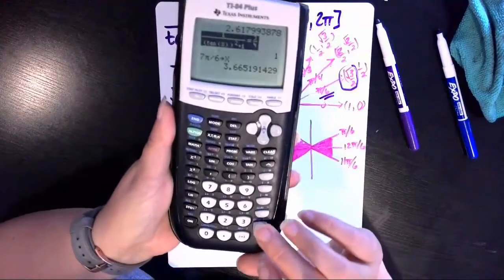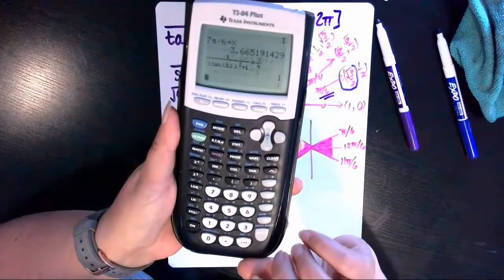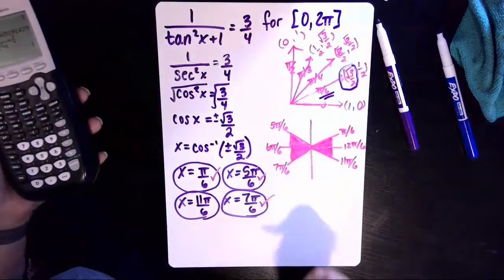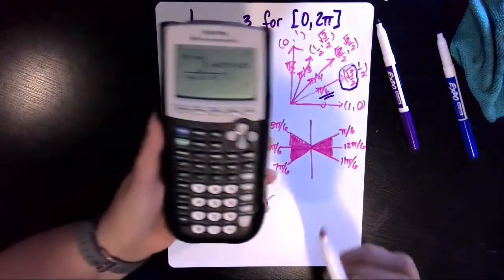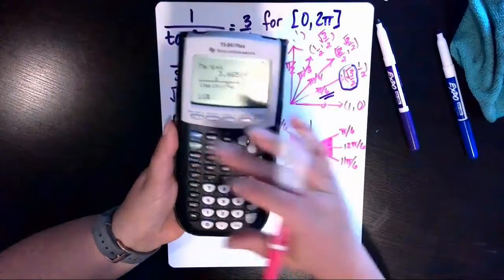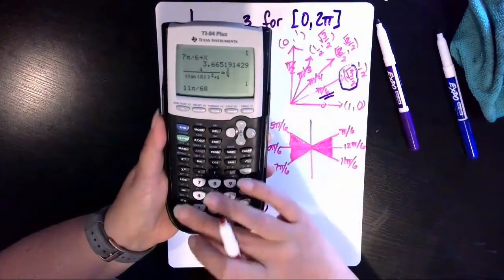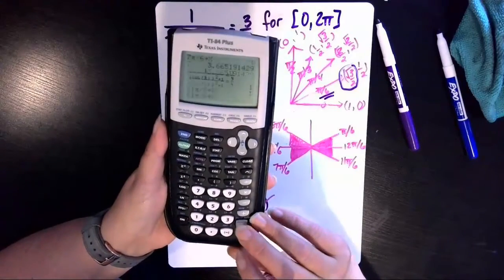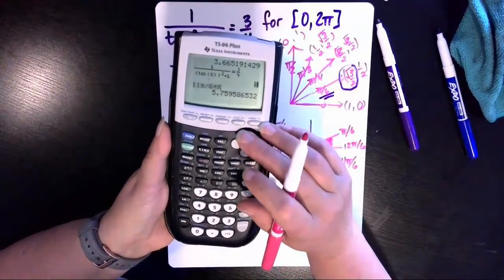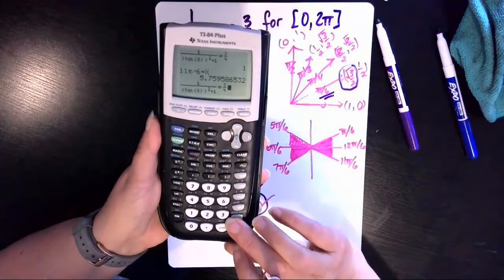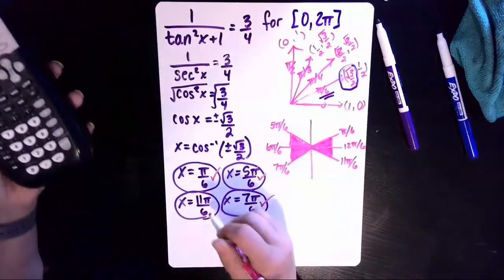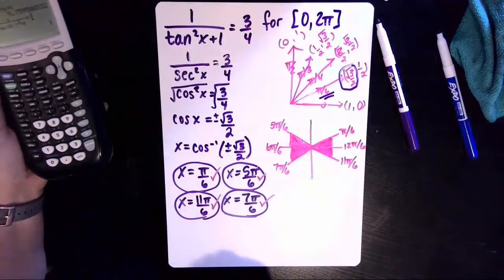Arrow up to the equation, press enter, and 7 pi over 6 also checks. Okay, last but not least, 11 pi over 6. We're going to store that as x. Arrow up to the equation, and again we get a 1, so 11 pi over 6 checks.